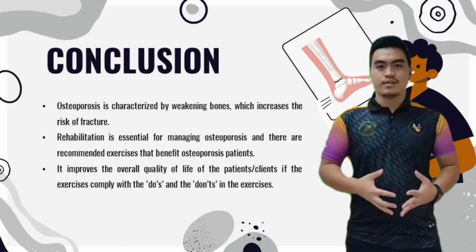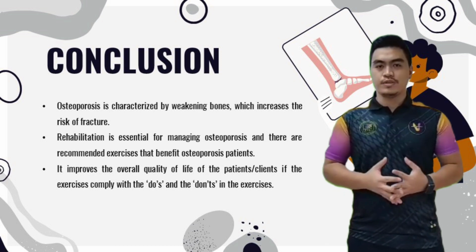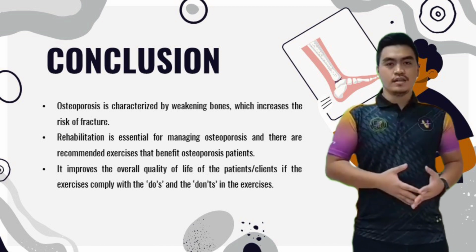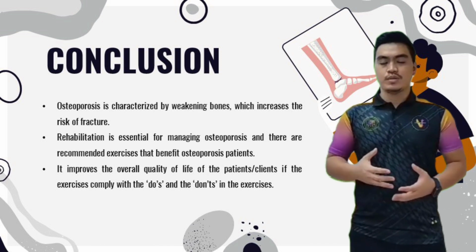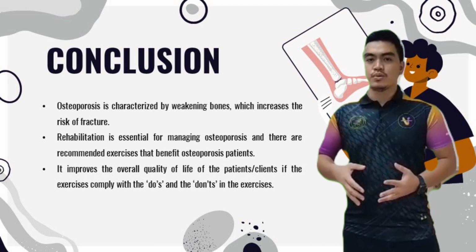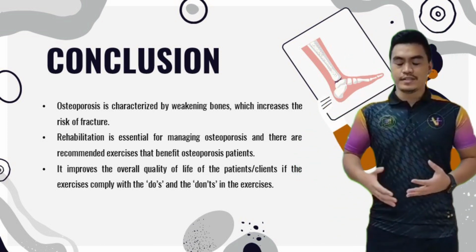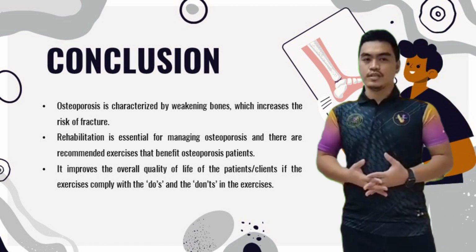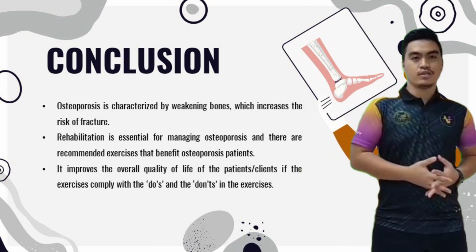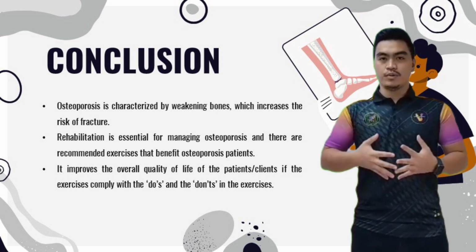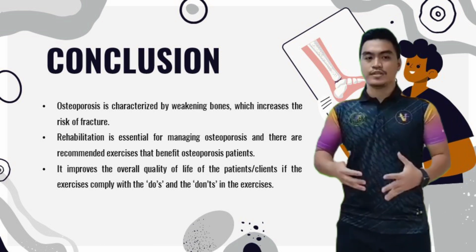So you already know what osteoporosis is, the factors and the symptoms of the disease, the benefits of exercise for the disease, and the dos and don'ts for the disease. For the conclusion, it can be concluded that osteoporosis is characterized by weakening bones, which increases the risk of fracture.